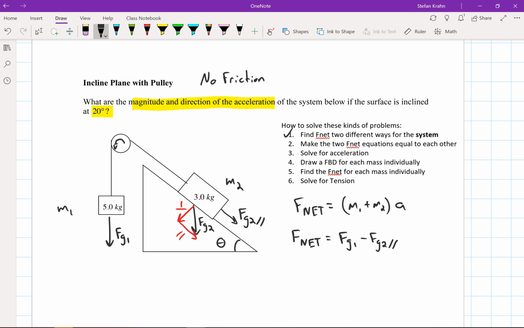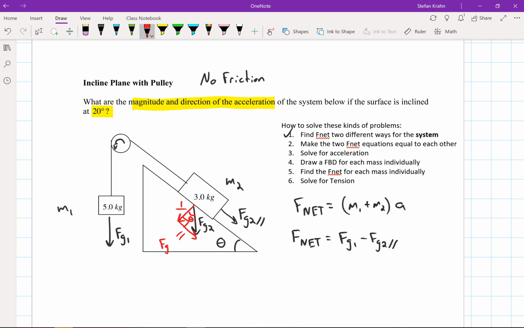Now, looking at our little incline here, that's going to be 90 degrees, and this here is going to be my theta. Now, if you haven't seen the inclines lesson, go back, watch that, because I'm going to be leaning on inclines knowledge here in order to do this.